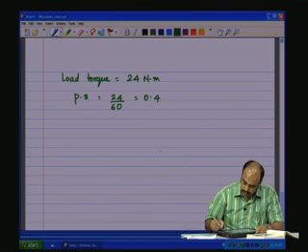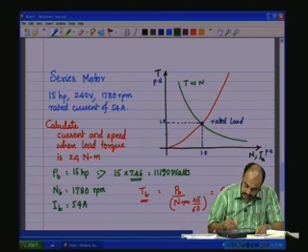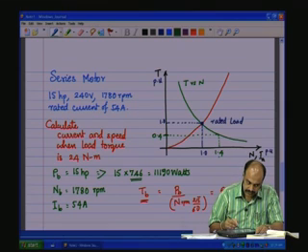When we go back to the characteristic, if this is 1 and somewhere here is our 0.4 per unit, at that we have speed which is 1.4 per unit, as given.